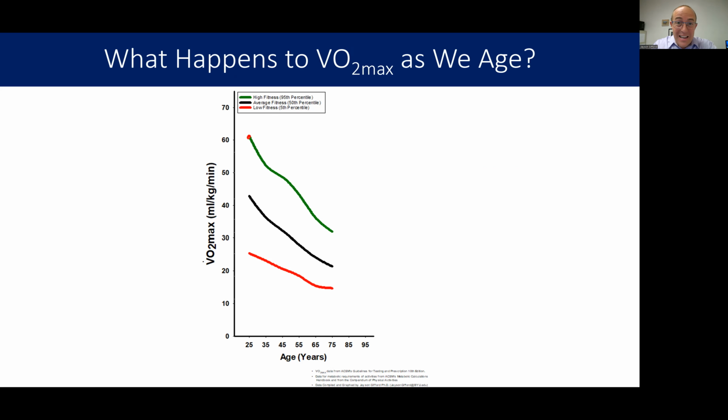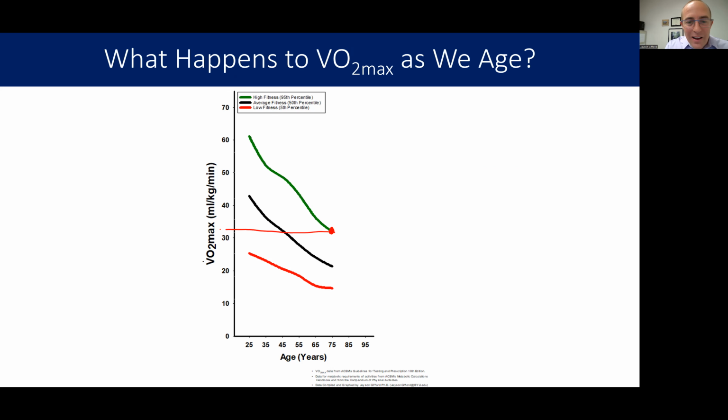If they maintain that same training status their whole lives, their VO2 max is still going to go down, and a lot of times at a greater rate than a person who's sedentary, because these endurance athletes have more to lose. But look at this difference. This super fit 75-year-old has a VO2 max of about 35 milliliters per kilogram per minute.